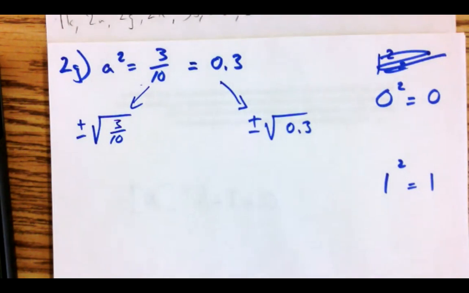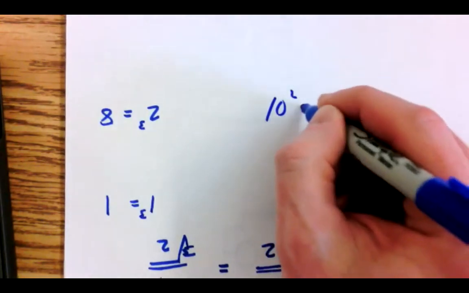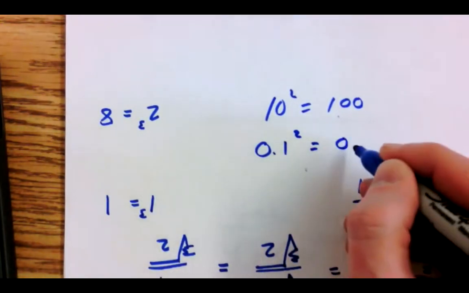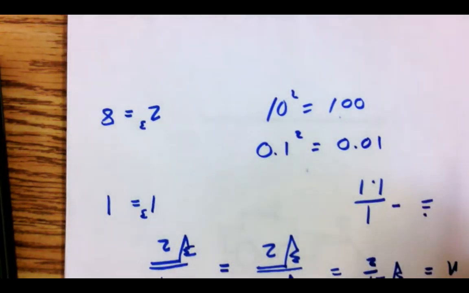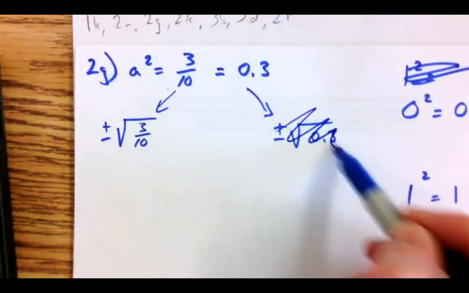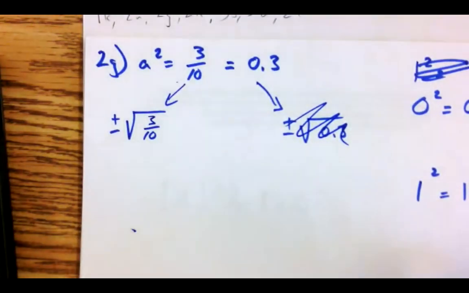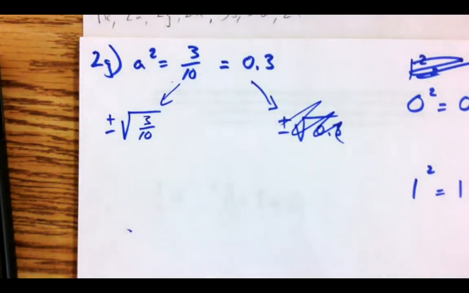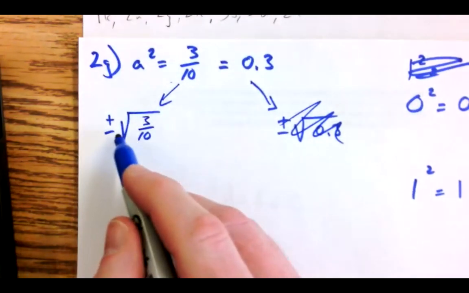Decimals are different. If I say 10 squared, that equals 100. 0.1 squared gets smaller. So maybe let's forget about this. I don't need to confuse you guys a couple days before the test. You're not getting anything this crazy.